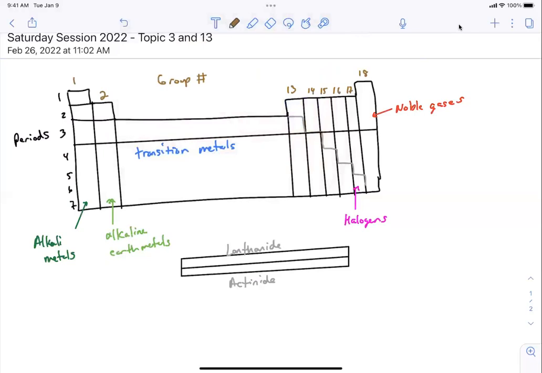Elements in the same group have similar properties, similar chemical and physical characteristics. Elements in a period have trends that they behave in, but they don't have similar characteristics. And so just remember that the periods you read across, even though the numbers are written vertically, and groups you read vertically, even though the numbers are across. Sometimes students struggle with that.